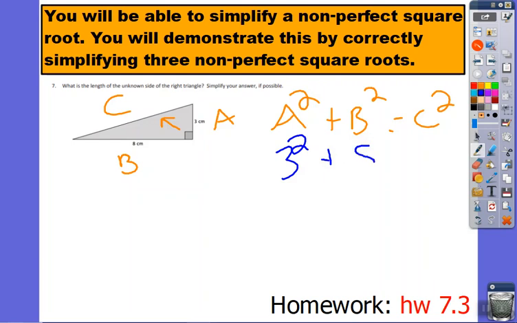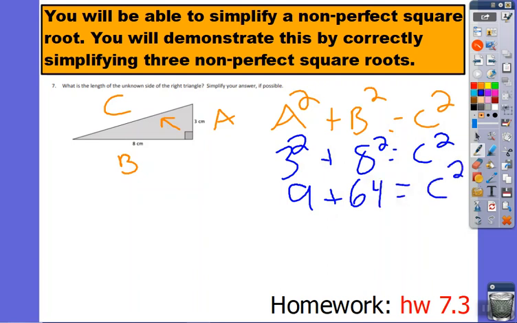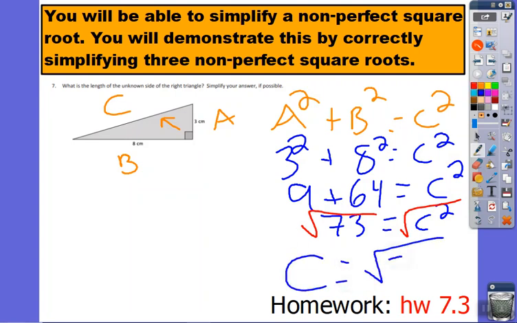I'm going to put in the 8. I'm going to do that 3 times 3, 8 times 8. Next thing I see is the adding sign, so I'm going to add those together. And then the opposite of the square is the square root, so I'm going to square root both sides. So my answer is the square root of 73.